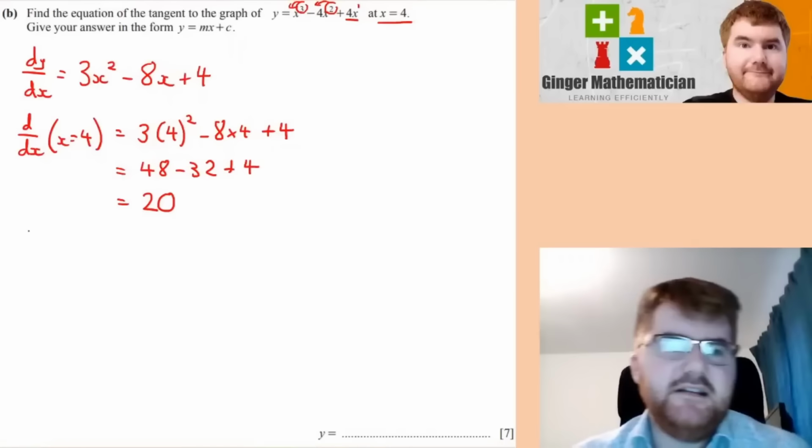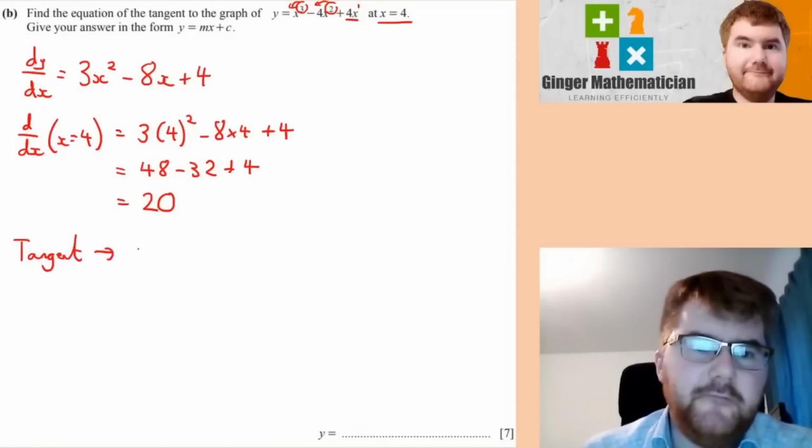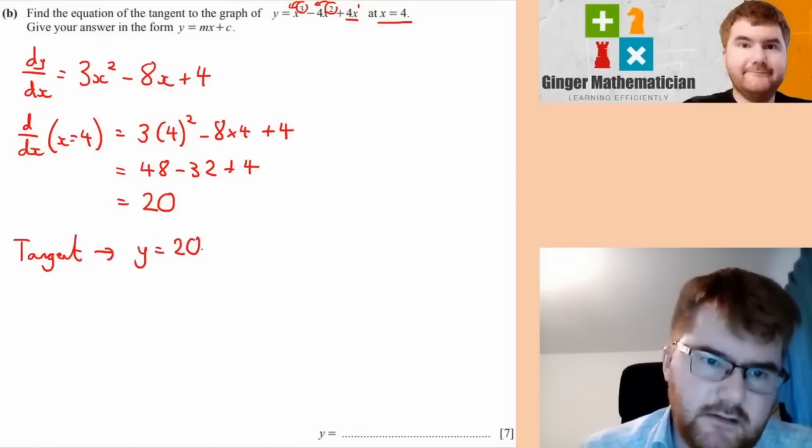Now that means that the tangent line, so I'm going to write the word tangent, has the form y equals 20x plus c. And now we need to work out the y-intercept, this c. Now the only point that we know on this particular tangent line is this point here.